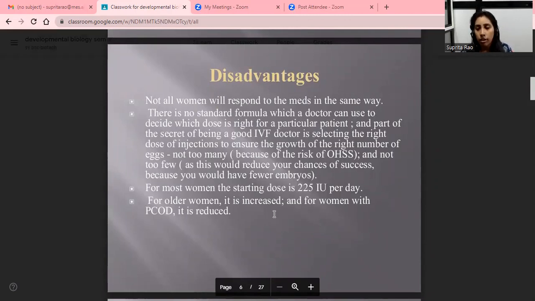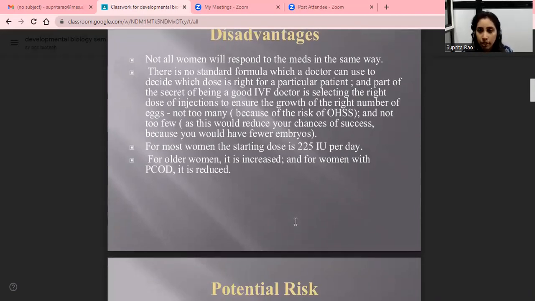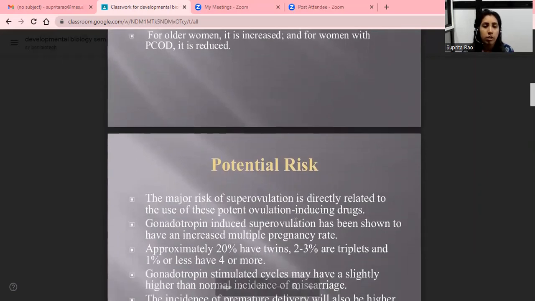Also, a doctor cannot directly diagnose the patient with the right amount. So it has to be judged. So slowly the doses will be increased. The starting dose is 225 IU per day. For older women, it can be increased, and when a person has PCOD, the amount of hormone given is reduced.